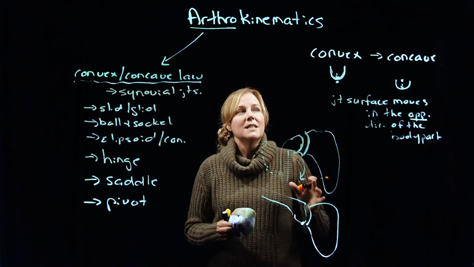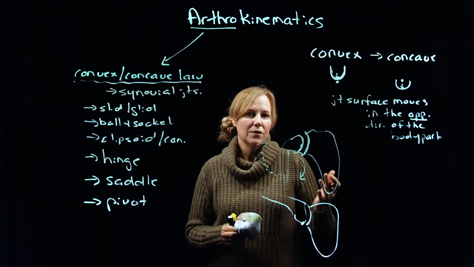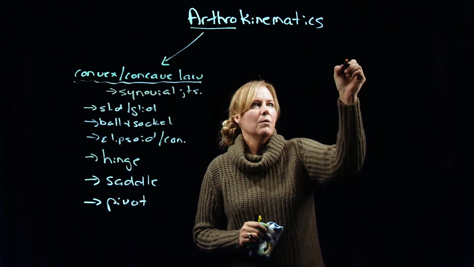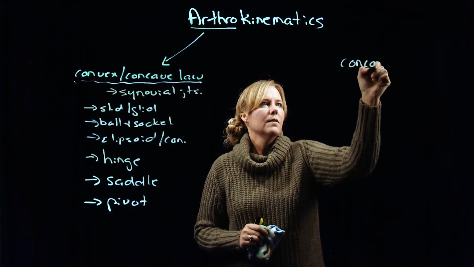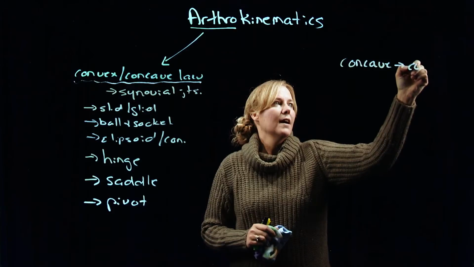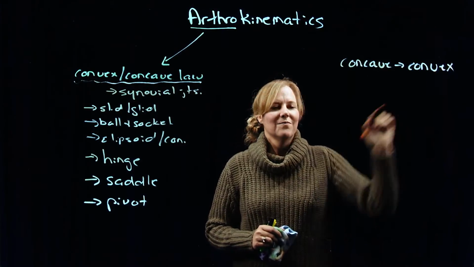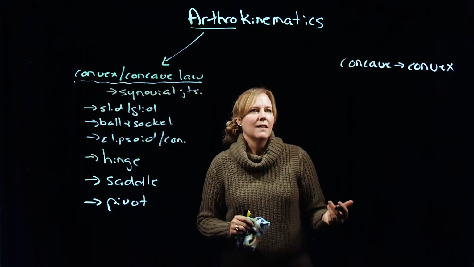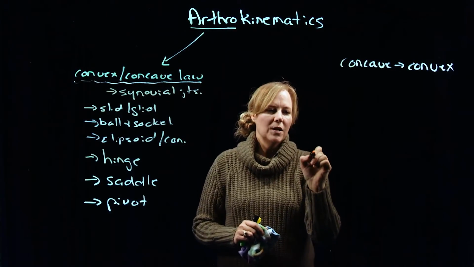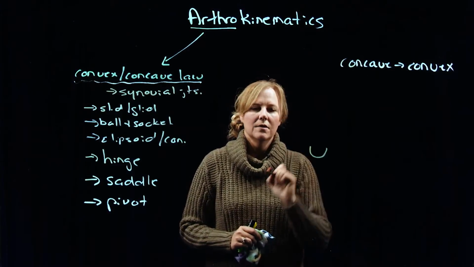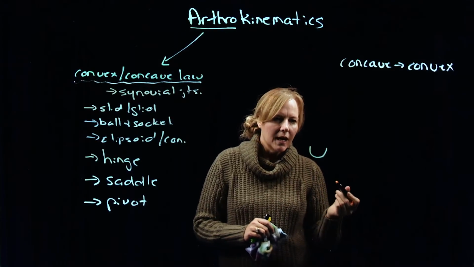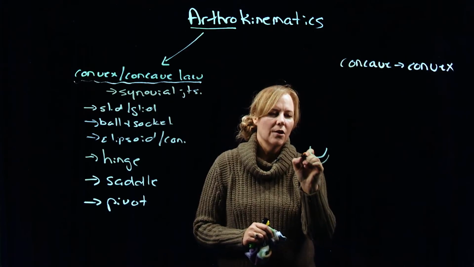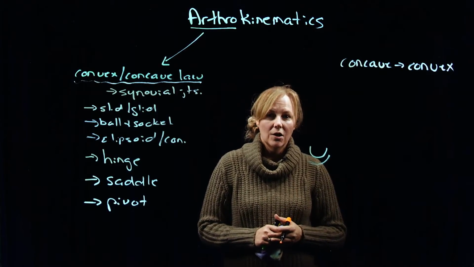So let's do the opposite, and let's look at a concave surface moving on a convex. Now let's look at the opposite. So let's look at when we have a concave surface moving on a convex. Okay, so let's take an example of that, and let's look at the elbow. So we know that at the elbow we have our trochlea and our capitulum, which are convex, and then we have our ulnar notch and all those different things that are concave.